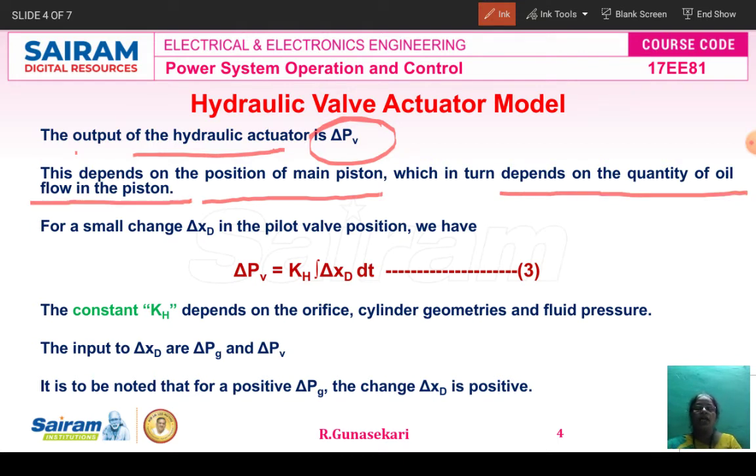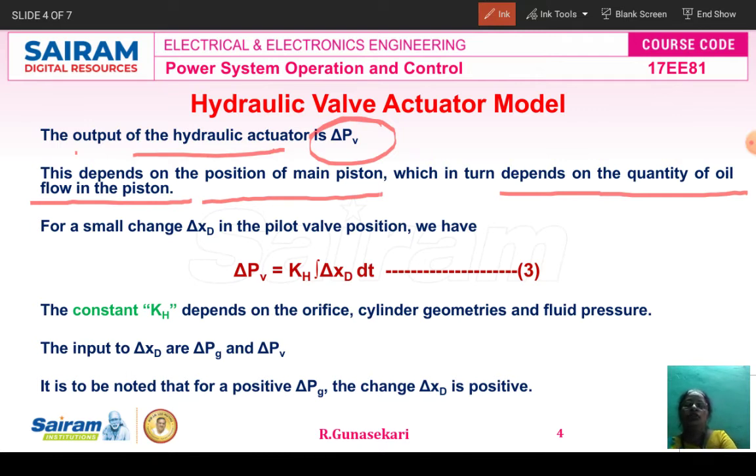That means high pressure oil is applied to the hydraulic amplifier. Therefore del PV depends on the position of the main piston as well as the quantity of oil flow in the piston.